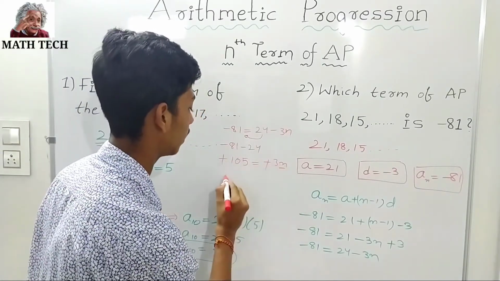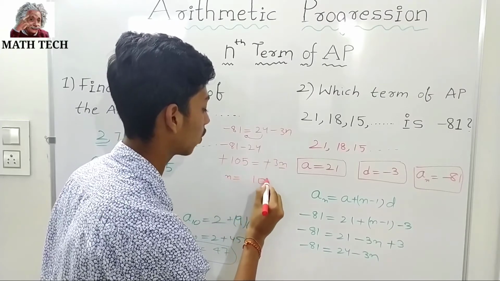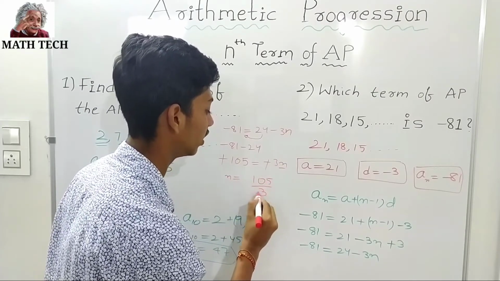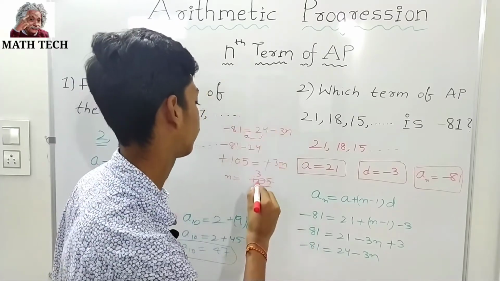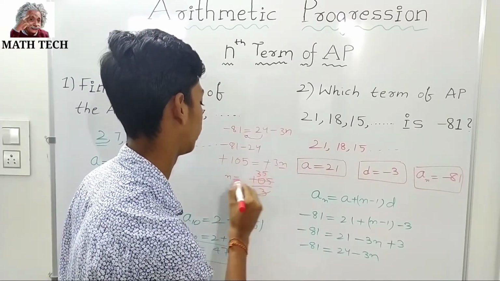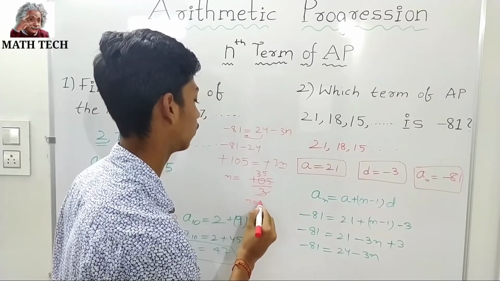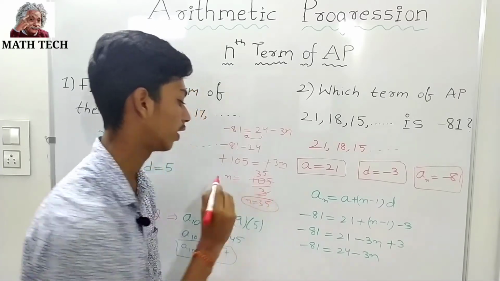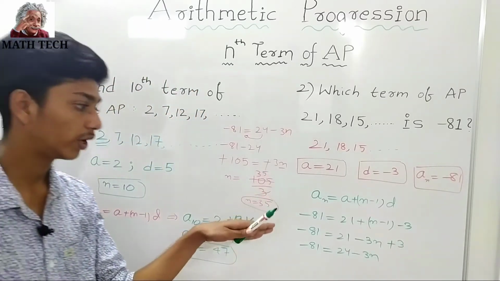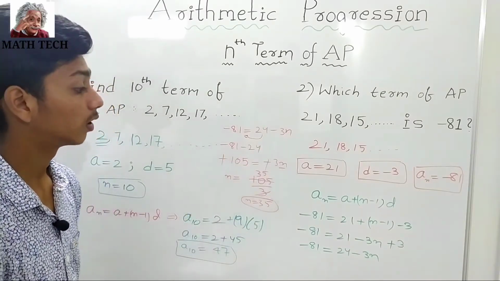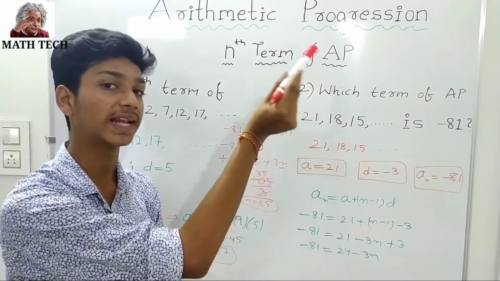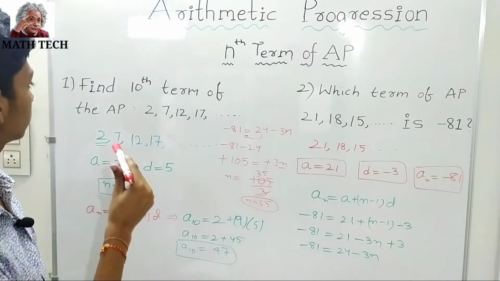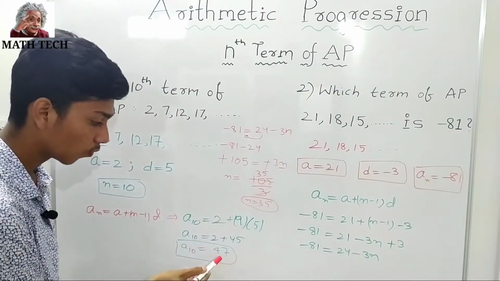And n is equal to 105 by 3, that is 35. The value of n is 35. The 35th value of this arithmetic progression is minus 81, and in this case the 10th term is 47.